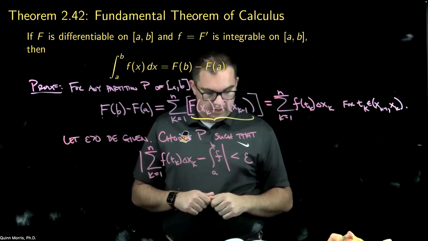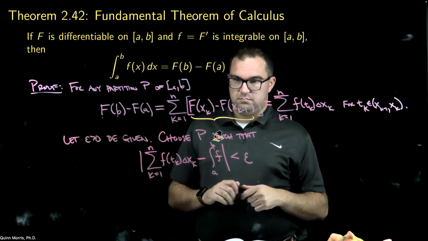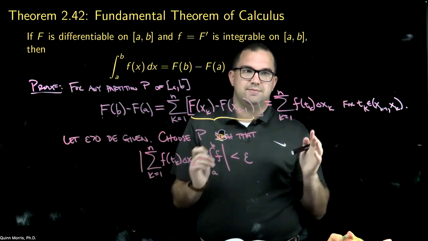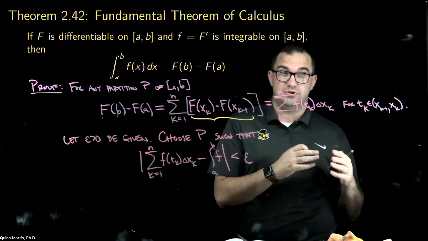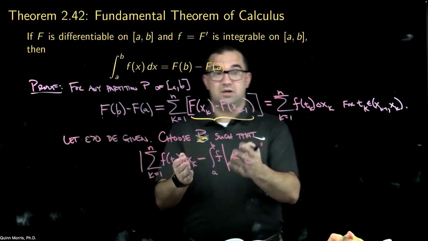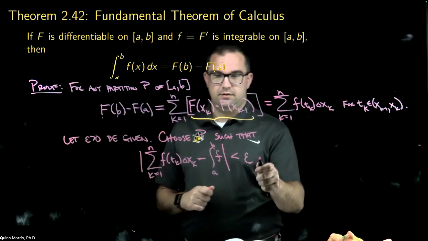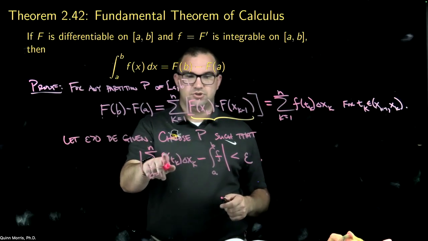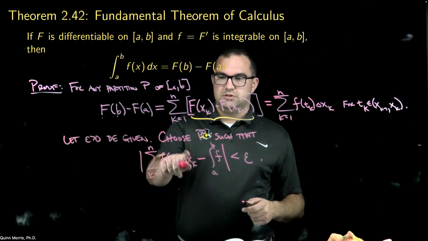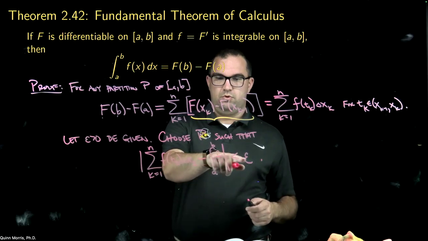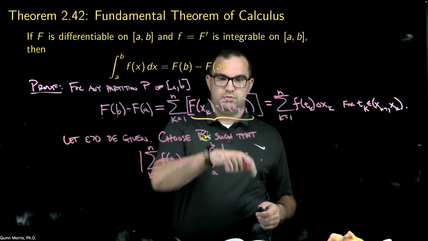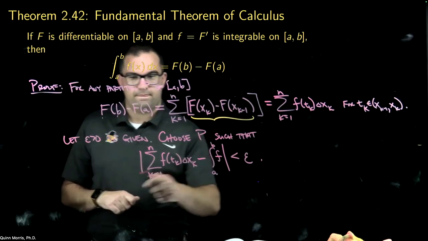All right. So again, anytime somebody says choose this so that this condition holds, you should ask why. The answer here is because f is integrable. So because f is integrable, I can choose a partition P so that this Riemann sum minus this will be less than epsilon.